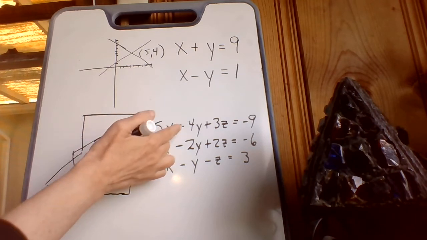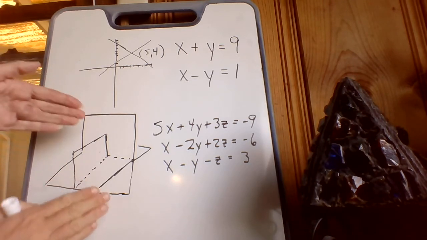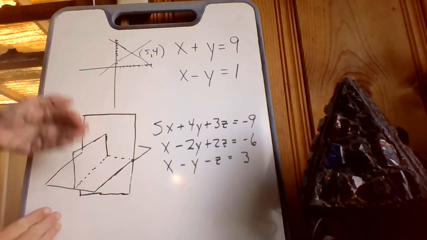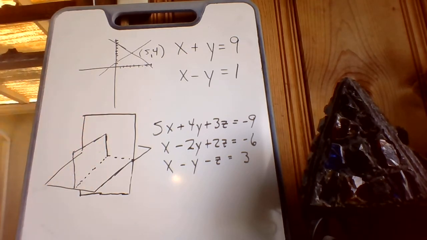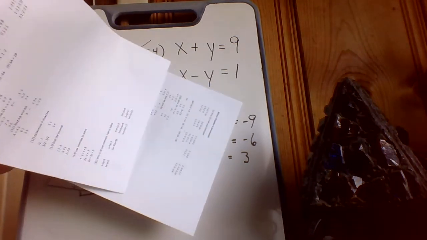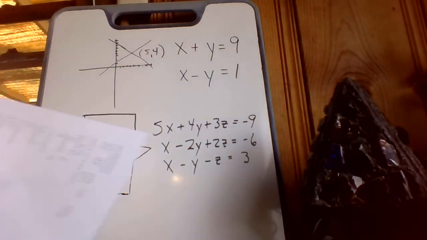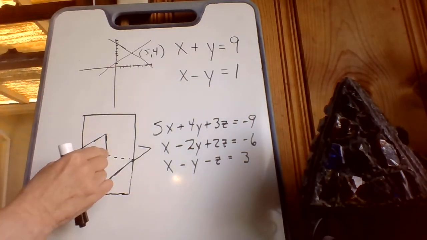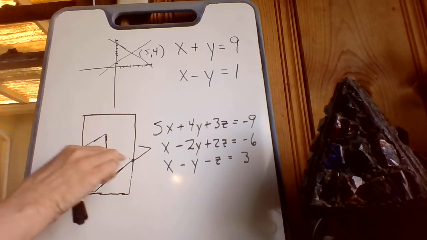Now this is the 3D one. I've got X and Y and Z. So it's in 3D, and I'm not really good at drawing 3D pictures, but basically, if there are pieces of paper, planes, running at all these different angles, they're going to crash into each other somewhere. And if two pieces of paper crash into each other, they're going to crash along an entire line. So maybe if this piece of paper going up and down here crashes into that one, it makes that line right there.